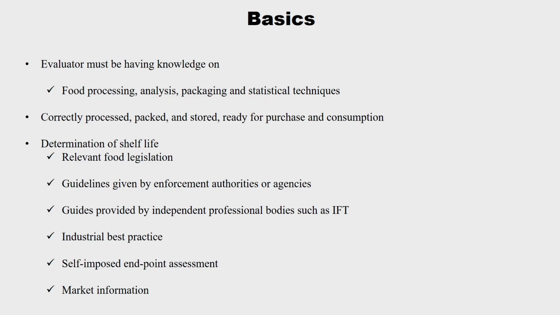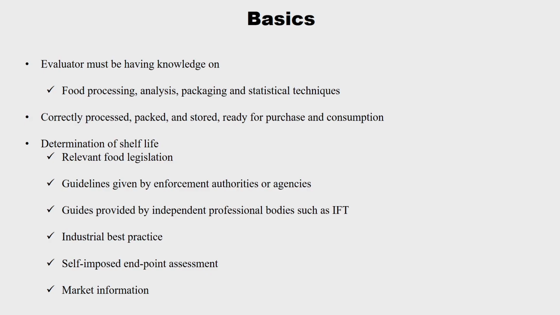One is relevant food legislation and guidance given by the enforcing authorities or agencies. This we have discussed many times, what the GMPs are and what the different food regulation agencies are, what the different criteria suggested by the different food processing agencies are.